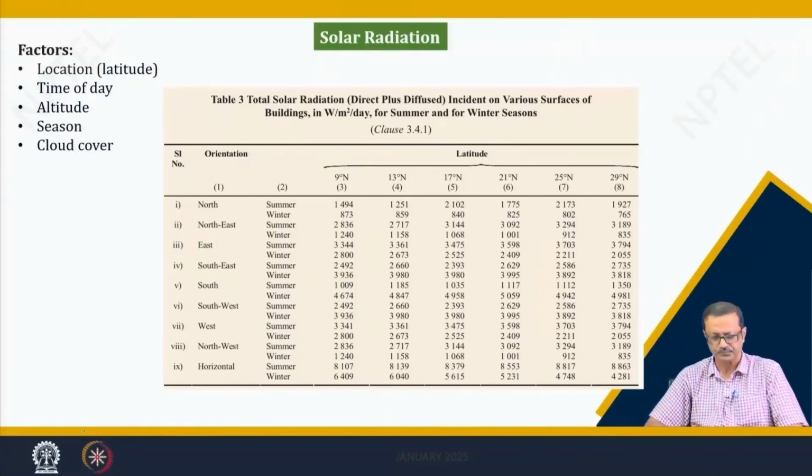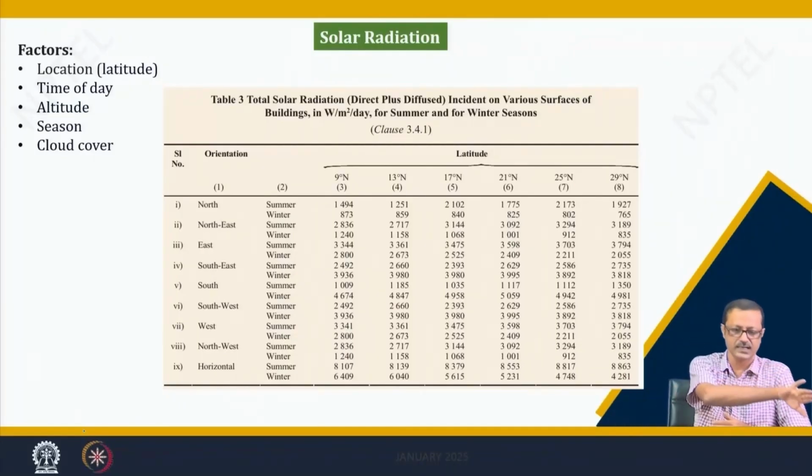If you see the NBC, the National Building Code 2016, also given in 2005, the same chart, it gives the solar radiation in summer and winter in different orientations. As you know, in the northern hemisphere the sun moves from near about northeast or around east, then follows the southern path, and then the west.